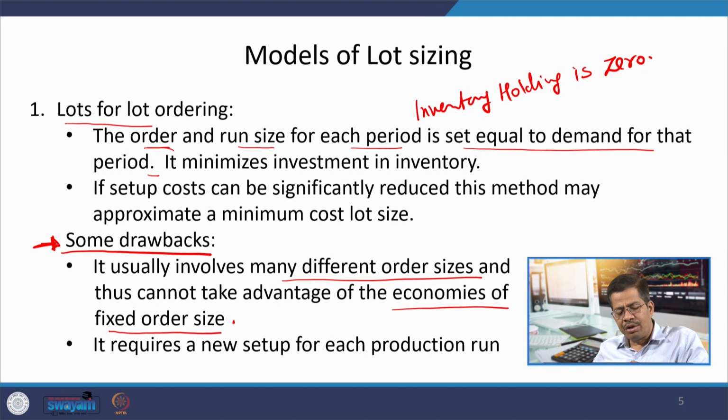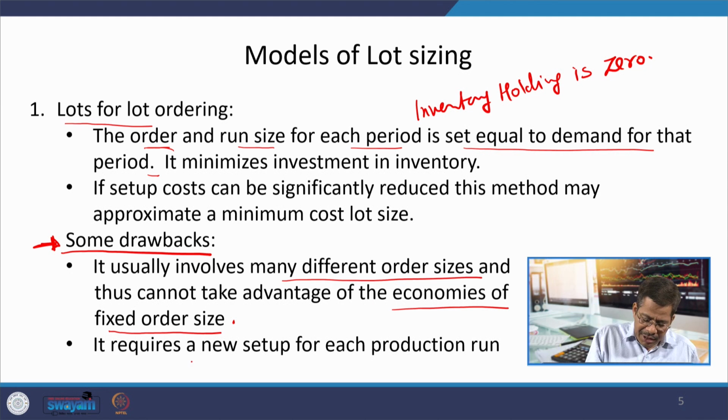And because your order size may vary from one cycle to another, there may be challenges in fulfilling that requirement, and it may increase the cost. So, whatever benefits you get from reducing the holding cost to 0 level are to some extent neutralized because of variable order sizes.